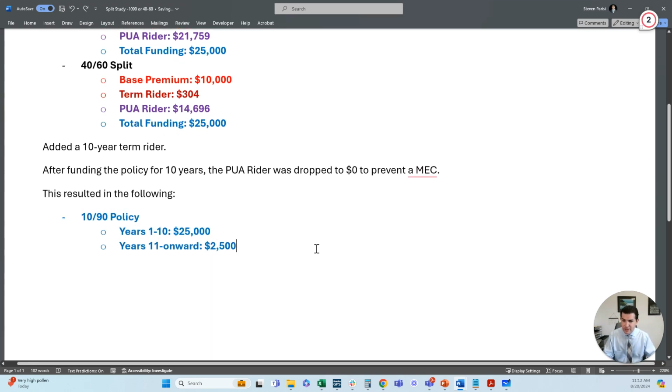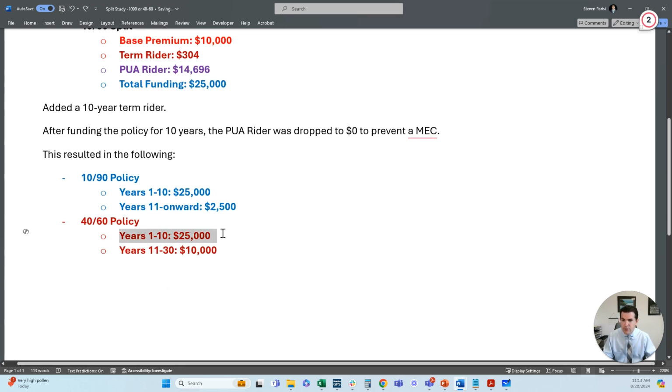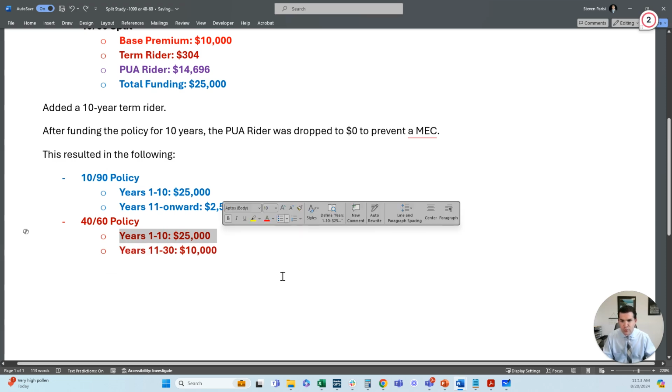The 10/90 policy had $25,000 per year going in for 10 years while the 10-year term rider was attached. After the term fell off, only the base premium was paid, $2,500 per year. Whereas with the 40/60 design, first 10 years, $25K per year, years 11 through 30, $10,000 per year.